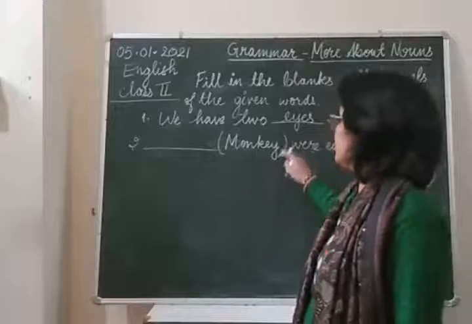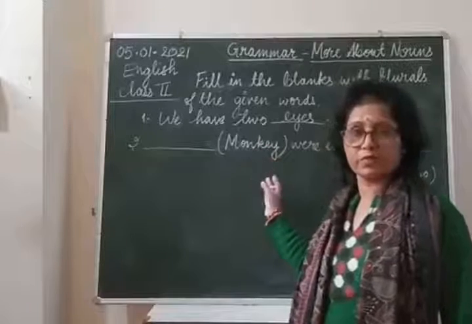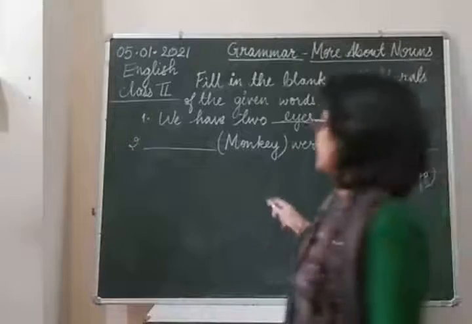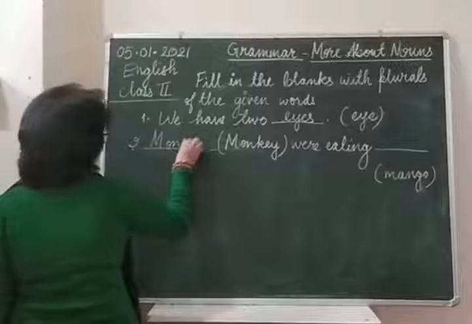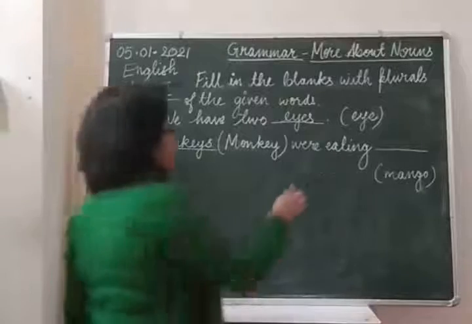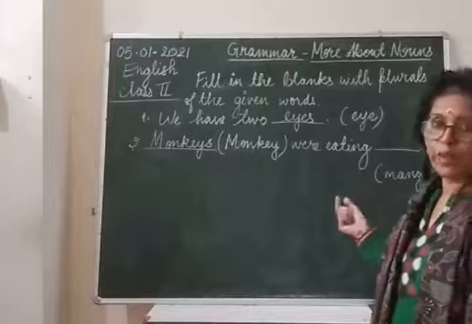And since here the letter E is not a consonant, so we will not replace Y. Y will remain there. We will simply add S. Monkeys, M-O-N-K-E-Y, and we will add S. Monkeys were eating.